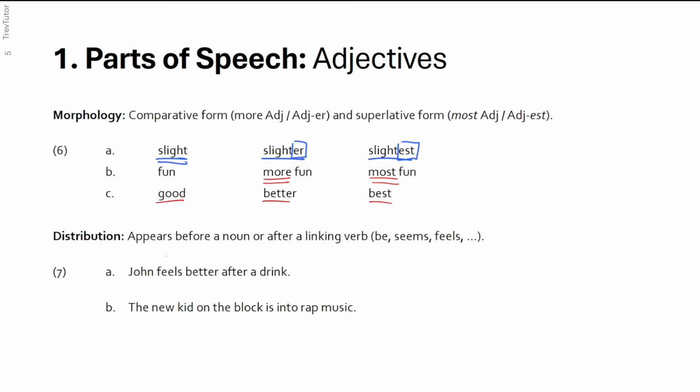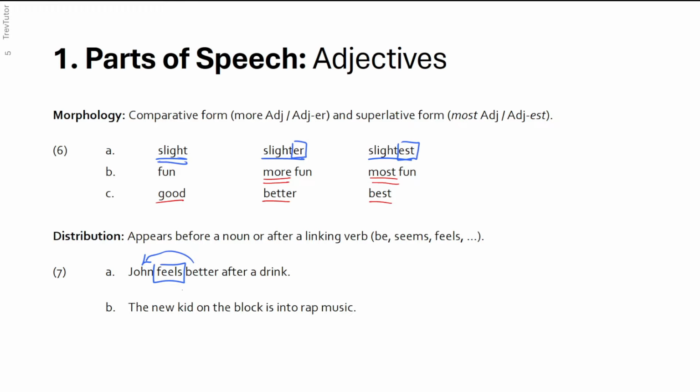So in the case of John feels better, feels is basically making a link between the adjective and John. So John equals better in a sense. John is getting the property of being better. And that's a case where you have a linking verb like feels. And this is not the most standard position for adjectives, but it is one where they can appear.